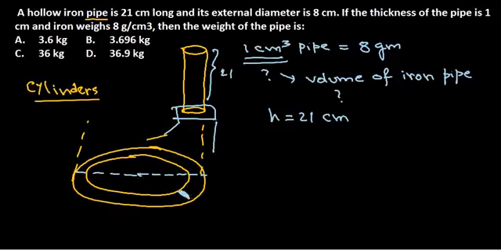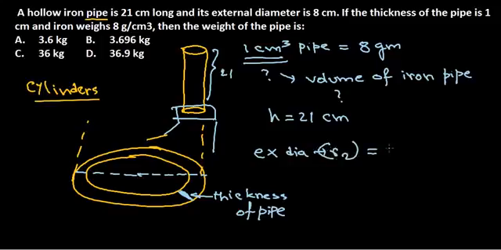And this is the section which is called the thickness of the pipe, and it should be there, right? Thickness should be there, and this thing we haven't talked about yet. So this is the external diameter, or simply write it as R2, which is 8 centimeter, right?